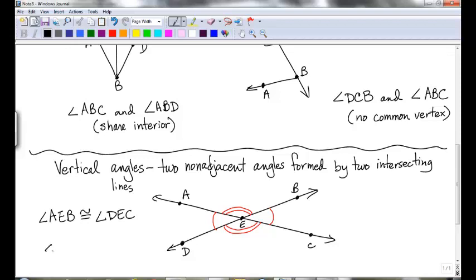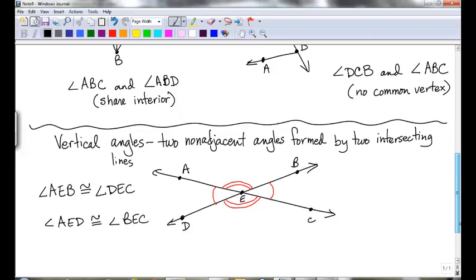And then angle AED, that's the smaller one, is congruent to angle BEC. So these two are vertical angles that are congruent to each other, and the last two are vertical angles that are congruent to each other. Anytime you have intersecting lines, you've got vertical angles equal and congruent. Any questions on that one?